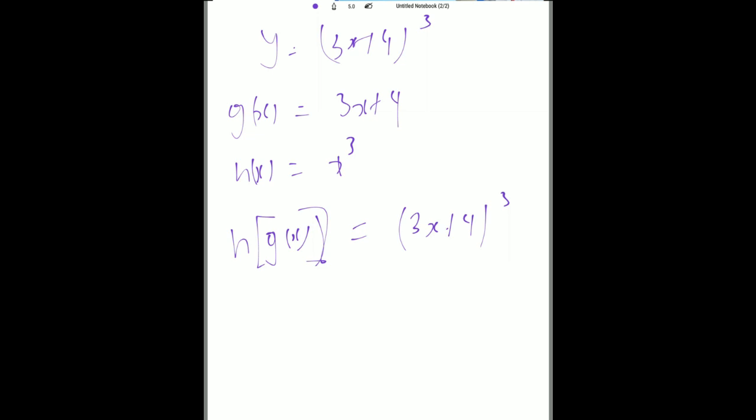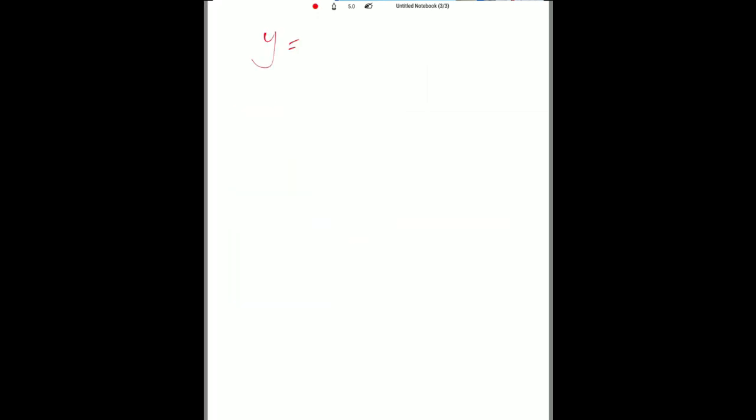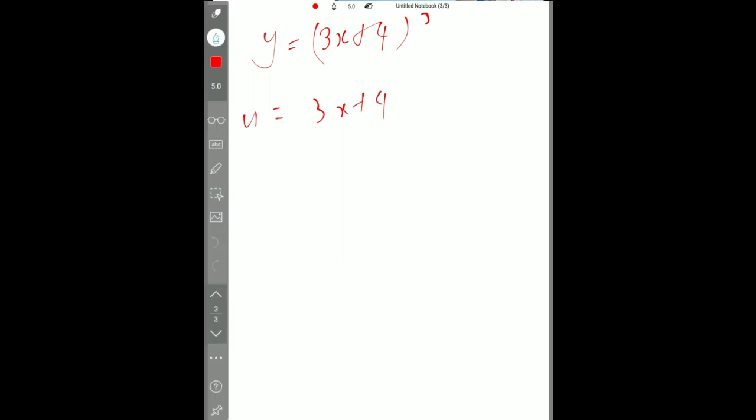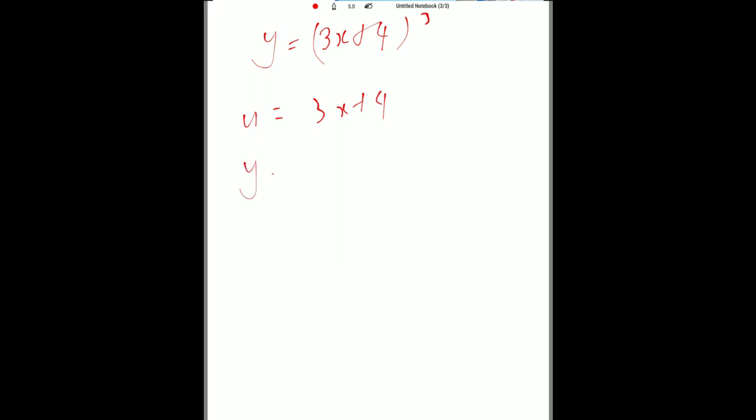So how exactly does chain rule say that we should go about doing this? Let's see. Y is equal to 3x plus 4 all cubed, right? And we're going to say u is equal to 3x plus 4. So that means that y, written in terms of u, is u cubed.